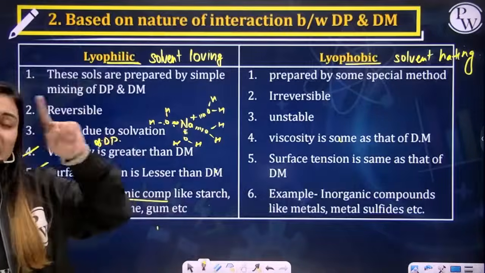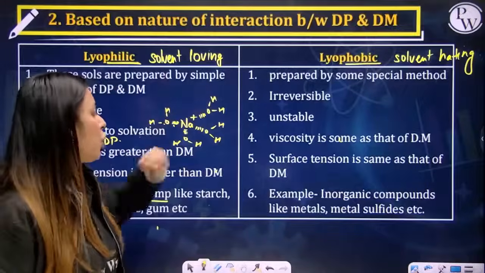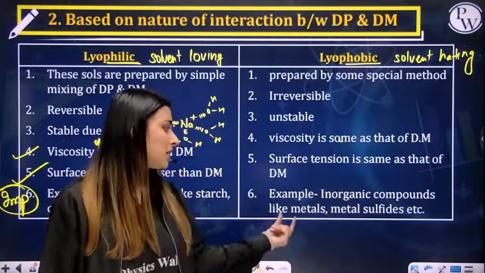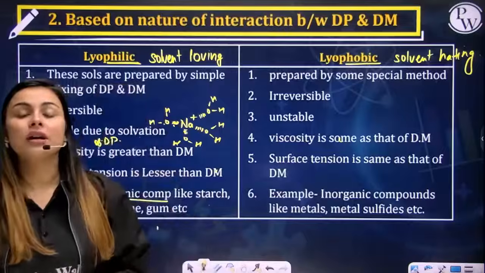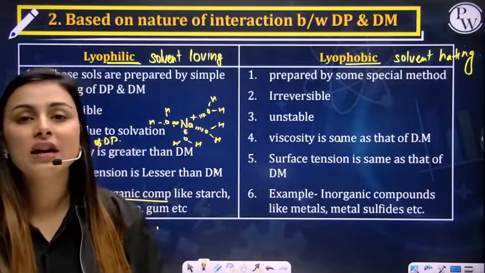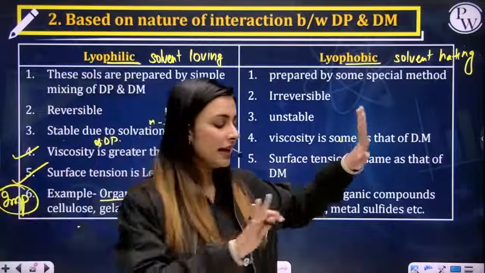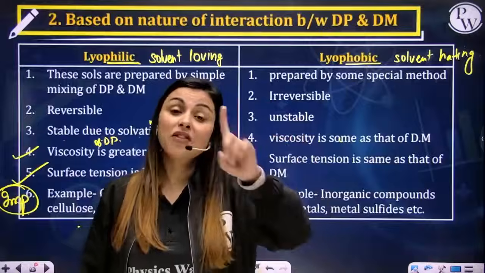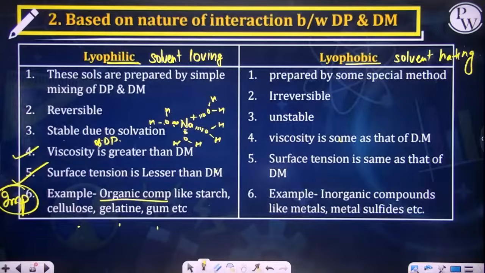All the organic compounds are your lyophilic sols, right? If you talk about lyophobic, all the inorganic compounds like metals, metal sulfides, etc., they are your lyophobic sols. All organic, lyophilic. All inorganic, lyophobic. Okay, you need to memorize this because definitely a question will be asked from this point. Okay, please write it down and then we'll move forward.